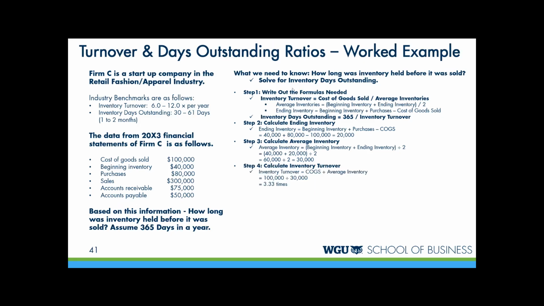Now that we have the two components we need for this ratio, we perform our inventory turnover calculation. We take our cost of goods sold of 100,000 divided by our average inventory of 30,000. That gives us a ratio of 3.33. That means our inventory is turning over a little bit over 3 times per year.